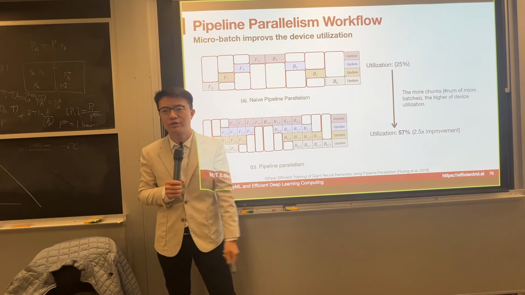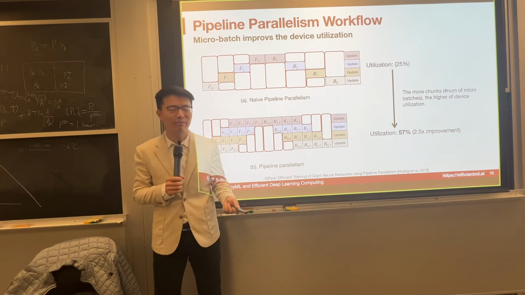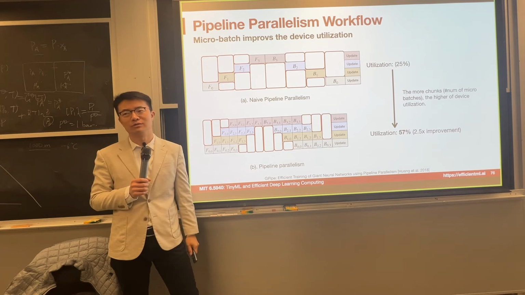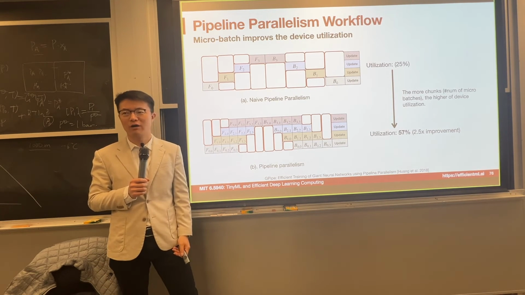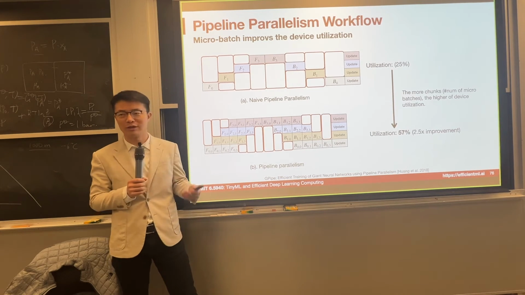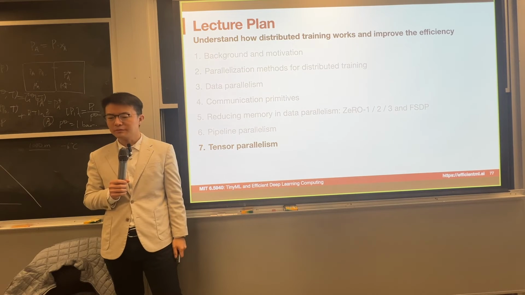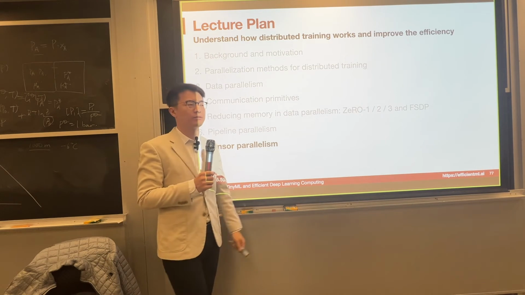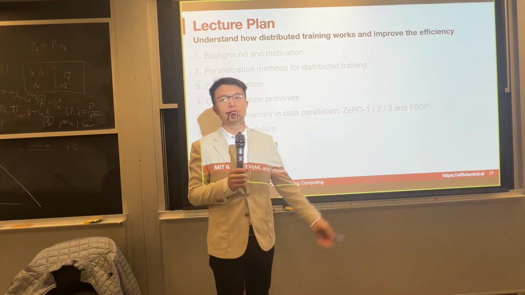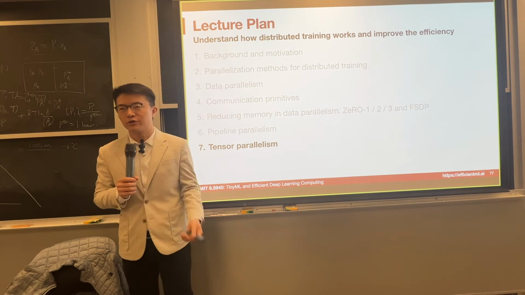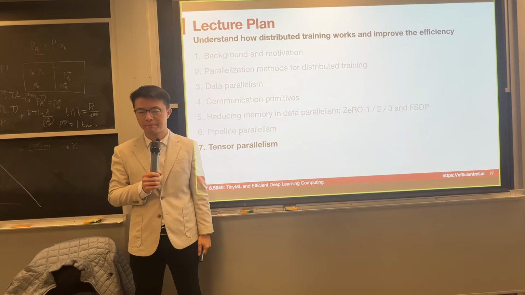When you have a super small batch, that batch may not be able to occupy the whole GPU if the layer is pretty small. So that's the issue here. You cannot go too small. So that's about pipeline parallelism and also how to improve the GPU utilization by further using micro batches.